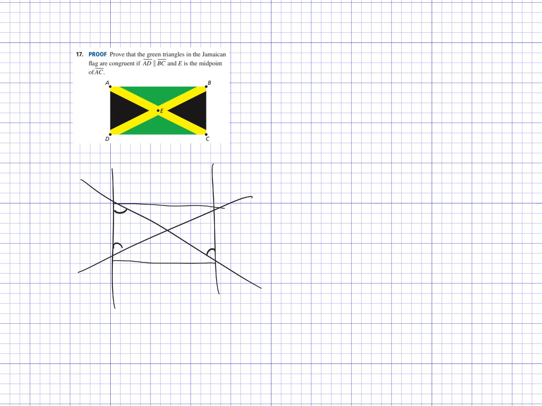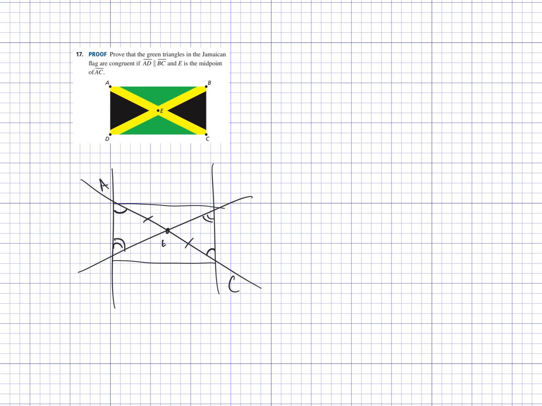These right here are congruent. Okay, it also says that E is the midpoint of AC. So AC and E is the midpoint, which makes those two congruent. So now the left triangle and the right triangle are congruent because of angle, angle, side.